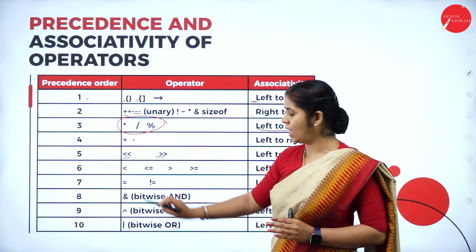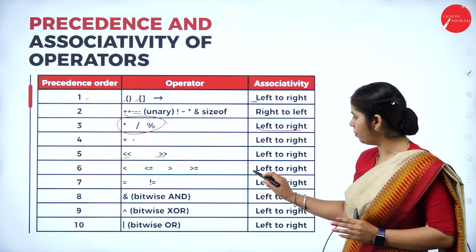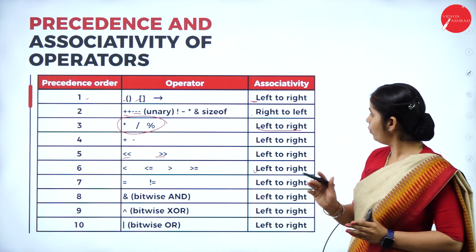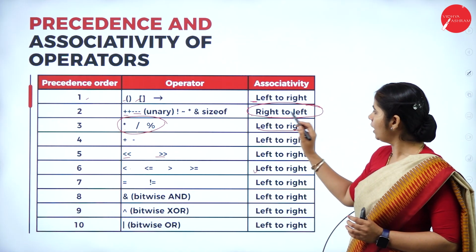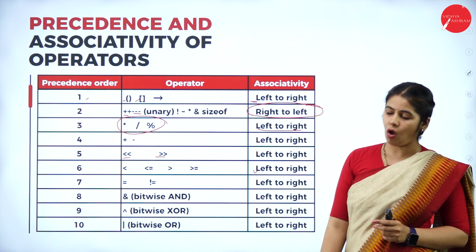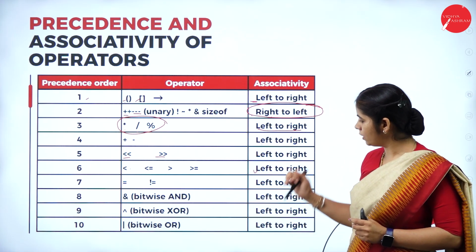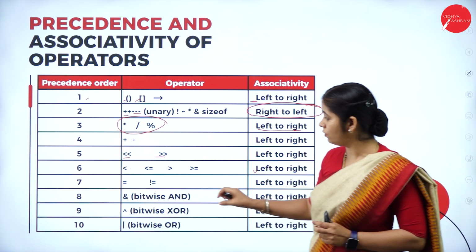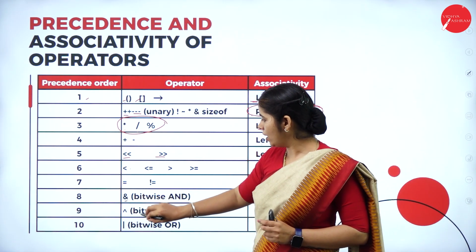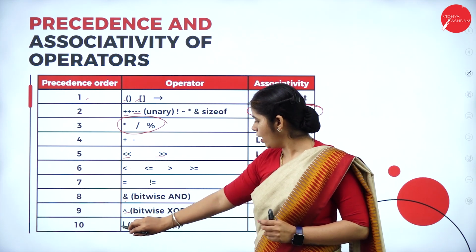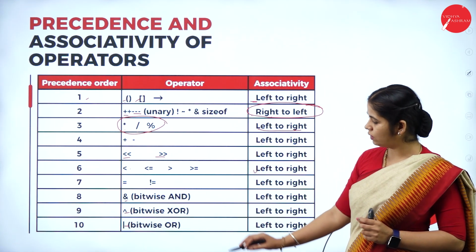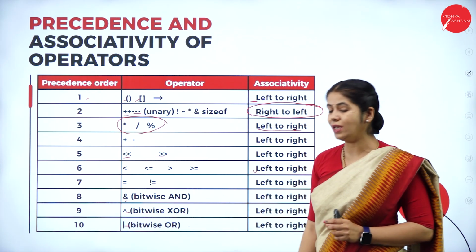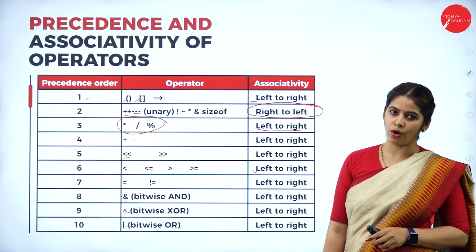Next we have assignment operators. In the assignment operator also we have left to right. The only operators with right to left associativity are unary operators. The remaining operators all have left to right associativity. Here bitwise AND, bitwise XOR, bitwise OR all have the next lowest priority. The lowest priority is bitwise OR.